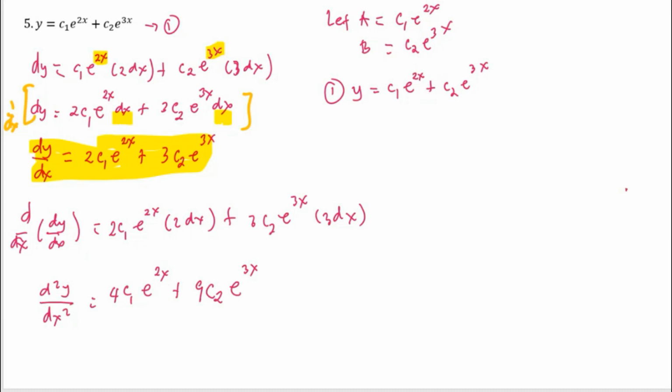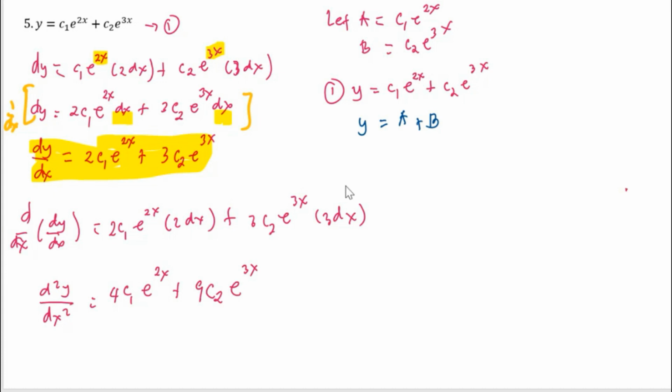Changing that, we have y is equal to a, since c sub 1 of e raised to 2x is equivalent to a, plus b, since c sub 2 of e raised to 3x is equivalent to b. So in simplified form, this is now our first equation.